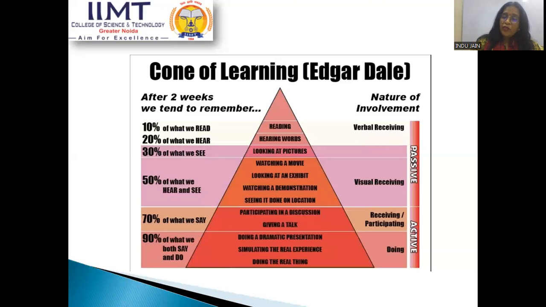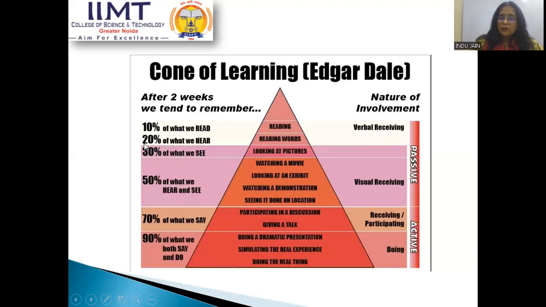And if we involve two sense organs in gaining learning experience, that is our eyes and our ears, then 50% of the gained experience or knowledge remains in our mind. After 2 weeks, we can say that.